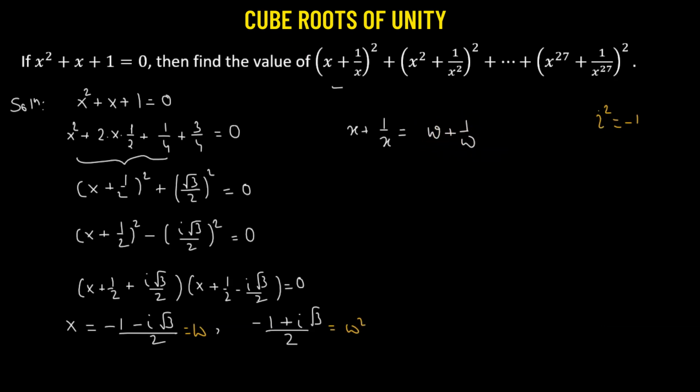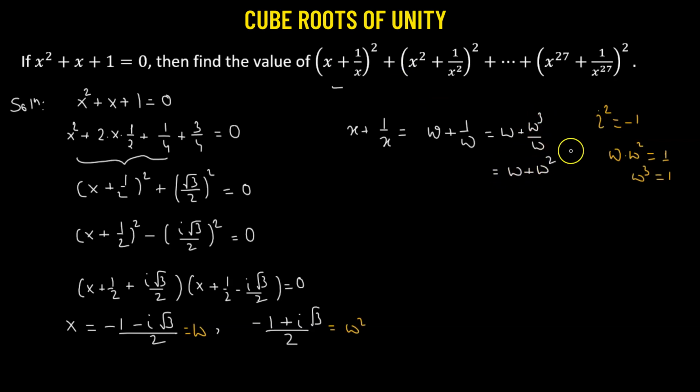Now we know that if omega is a cube root of unity, then it follows that omega multiplied by omega squared will be equal to 1. That means omega cubed is equal to 1. So here we can replace 1/omega with omega cubed over omega, which gives us omega squared.